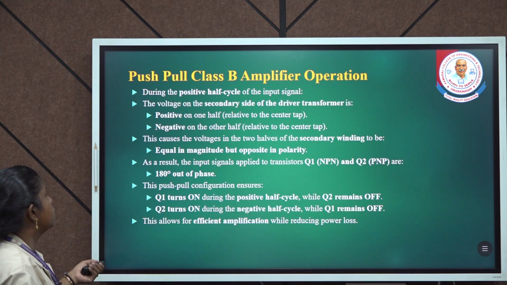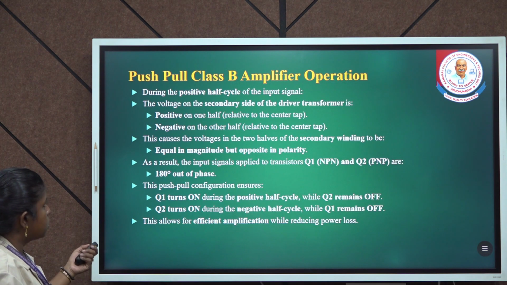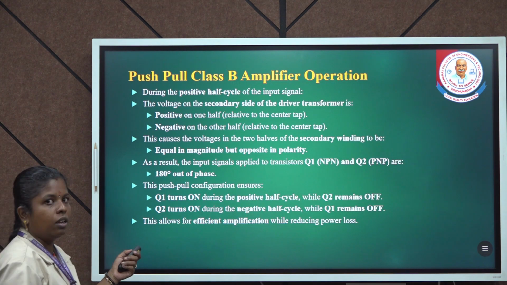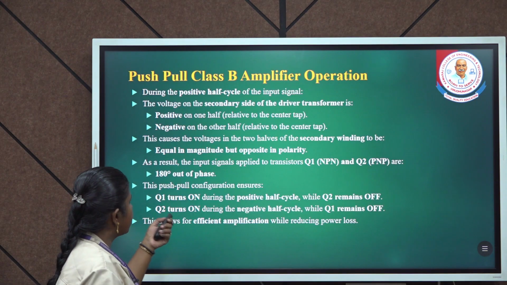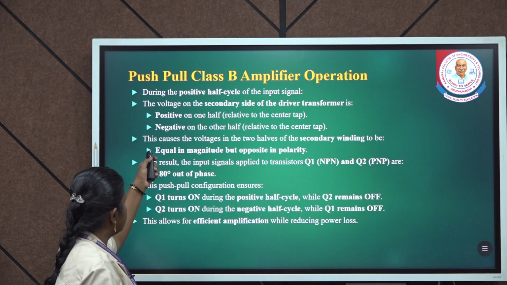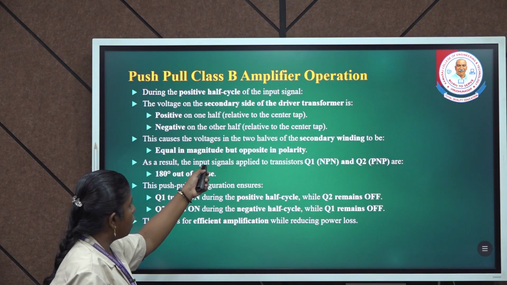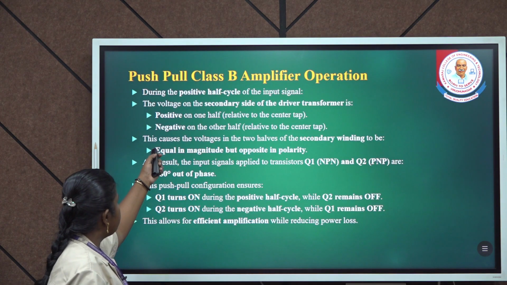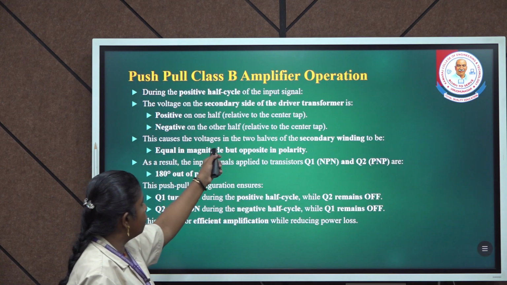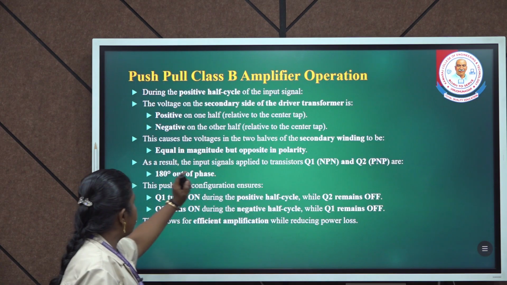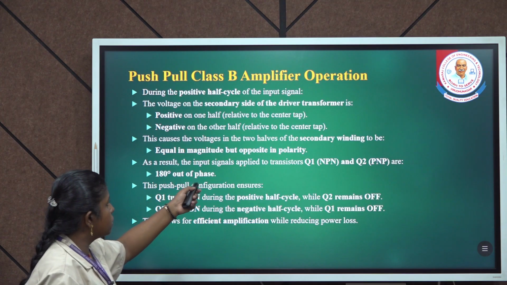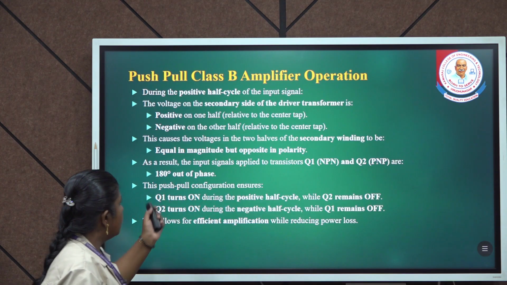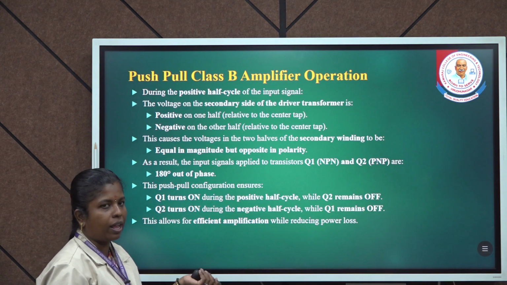So the entire push-pull Class B amplifier operation is stated here. During the input signal, the voltage on the secondary side of the transformer is positive on one half relative to the center tap and negative on the other half relative to the center tap, and this causes the voltages in the two halves of the secondary winding to be equal in magnitude but opposite in polarity.